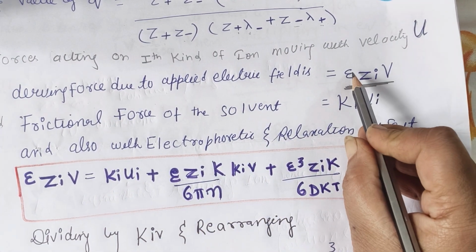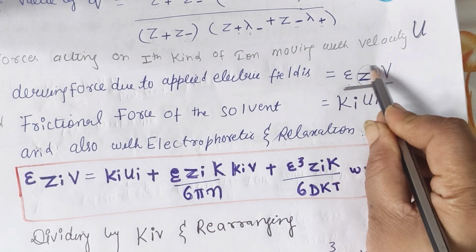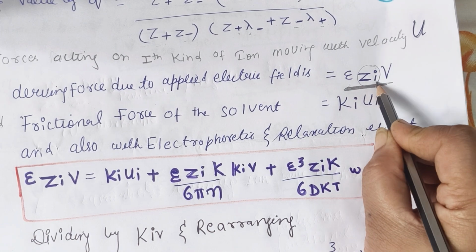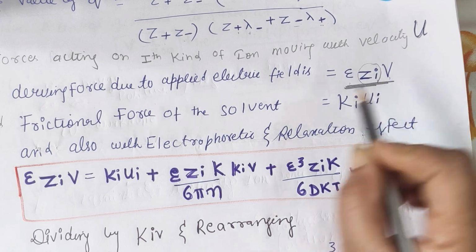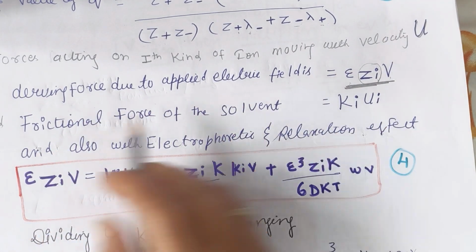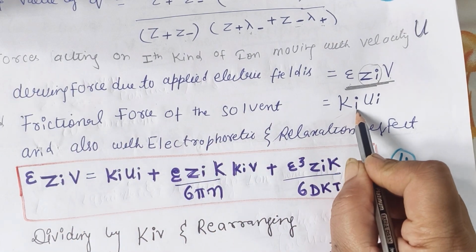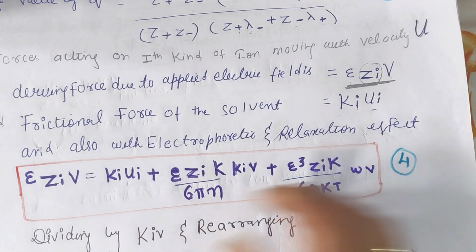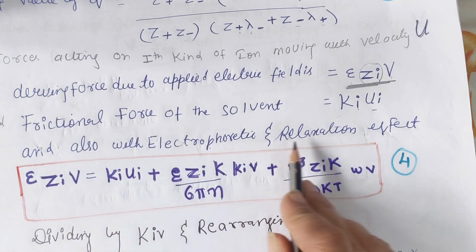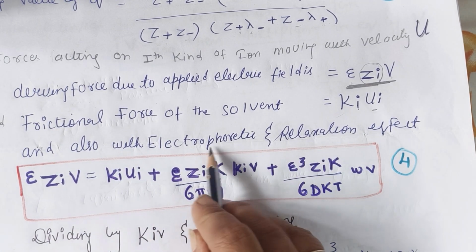So what is this epsilon? Epsilon is the charge. Zi, I told you, is the charge of our cation and anion, and V is the potential. The ions that move because of this driving force are opposed by the frictional force of the solvent, that is Ki Ui, along with the electrophoretic and the relaxation effect, because both these effects will decrease the speed of the ions.